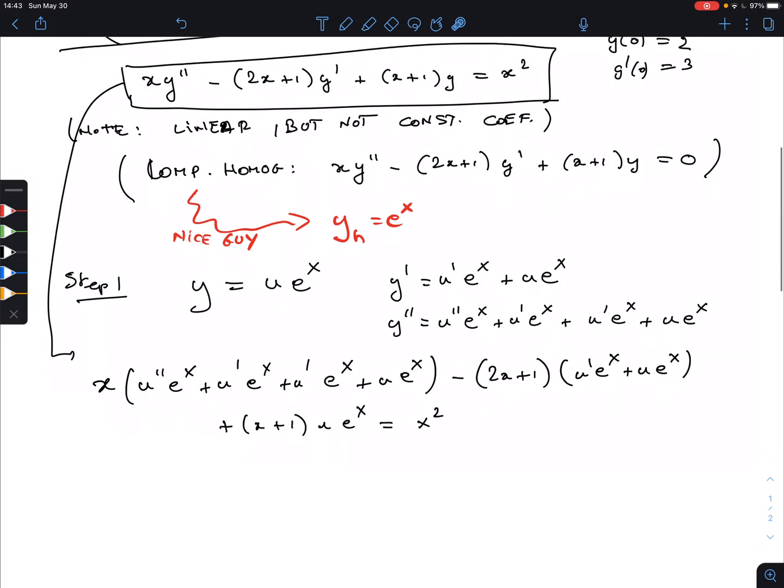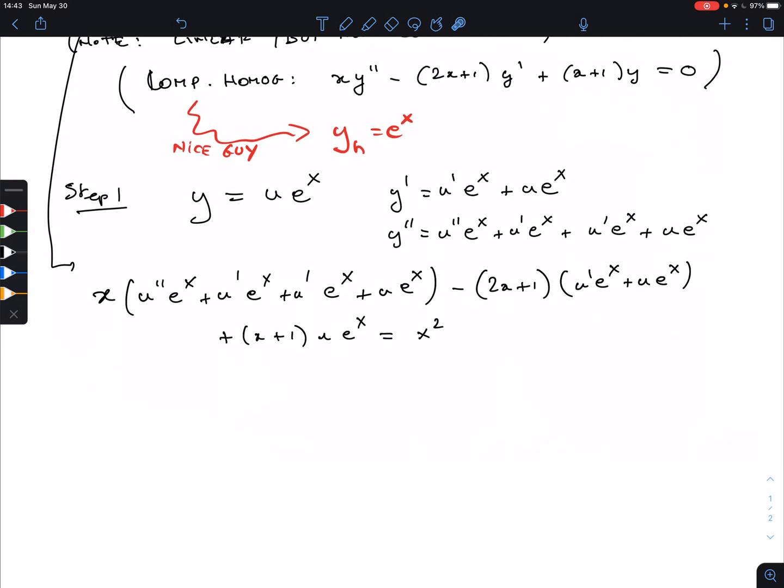Okay, so we have this e to the x, so let's take the e to the x out and see what we have. We have an x in front, so we have to be careful here. These two combine, so let me make this a 2u prime.